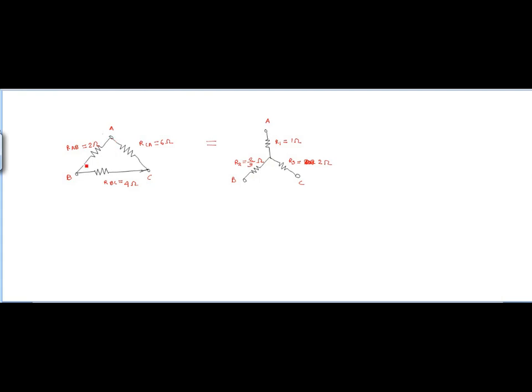Now at first we will calculate the equivalent resistance between terminal A and B in delta network. Let it be R equivalent between terminal A and B in delta network. Now these two resistances are in series, and this series combination is parallel with RAB. That means RAB is parallel with RCA and RBC.